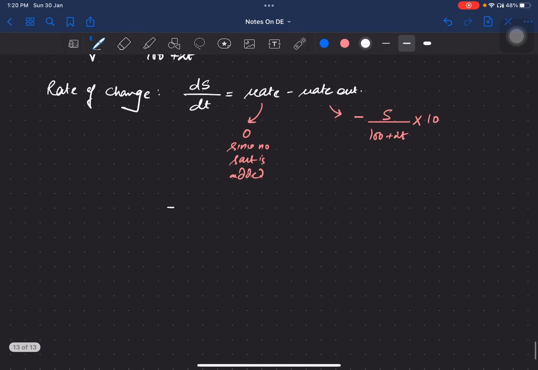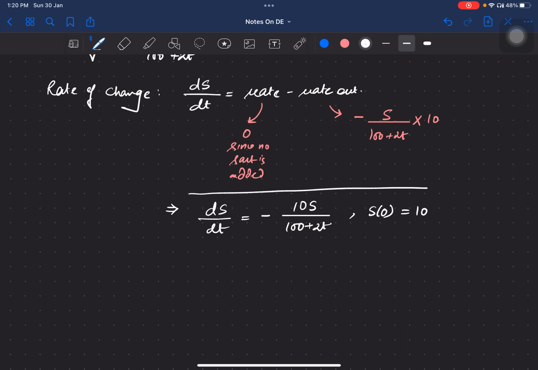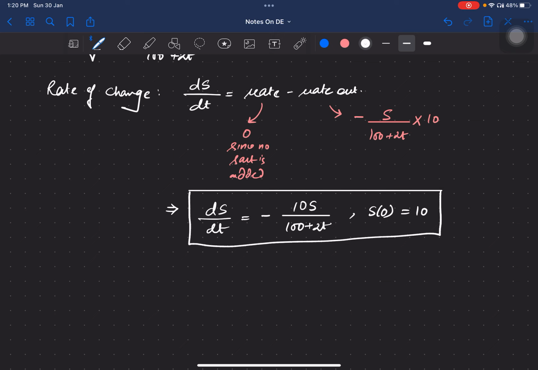So our differential equation turns out to be dS/dt equal to minus 10S by (100 plus 2t), with initial condition the same, S(0) equal to 10. So this is our current differential equation.